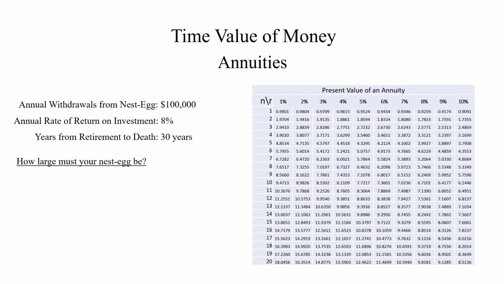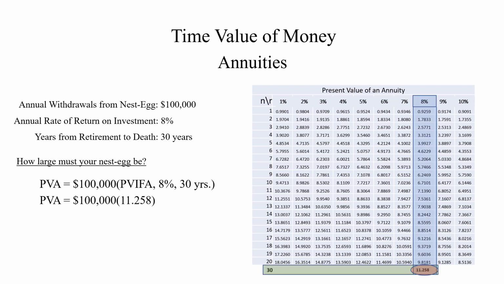For an accurate computation, you'd need to use the present value of an annuity template. Let's plug in the values that we know into the variables. The payment, $100,000, R, 8%, N, 30 years. As you can see here, I had to add a 30-year row to the table.